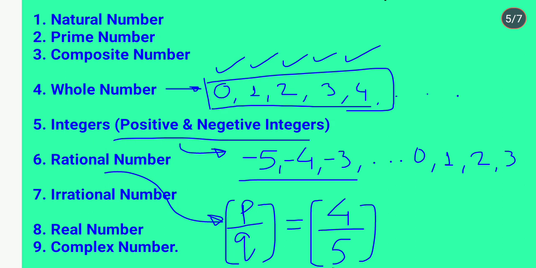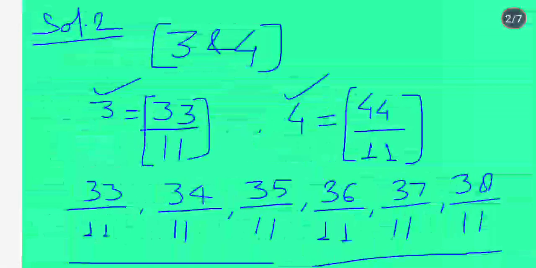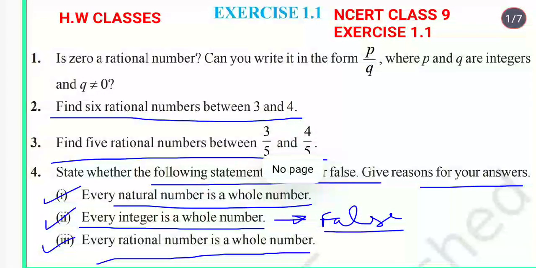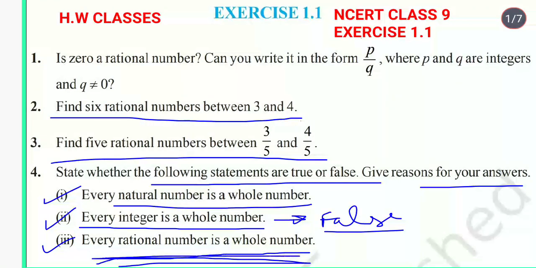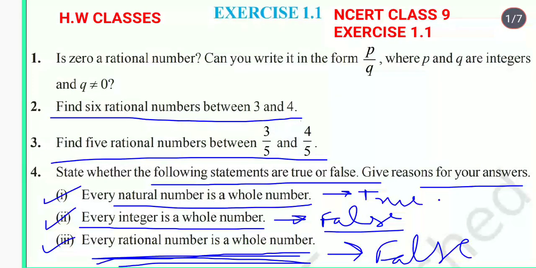So this statement, which says every rational number is a whole number, is also false. And statement 1 was true because natural numbers contain 1, 2, 3, 4, 5 and whole numbers start from 0, 1, 2, 3, 4, 5.